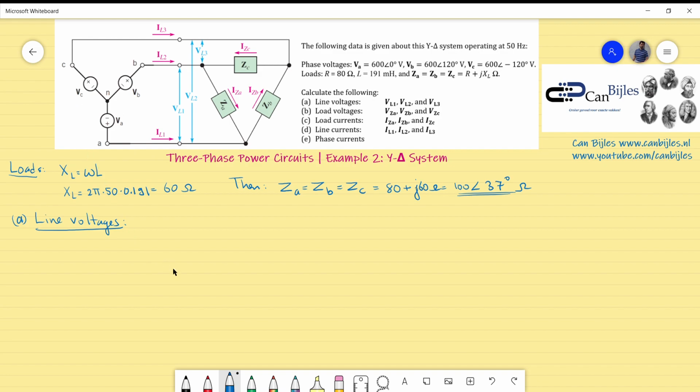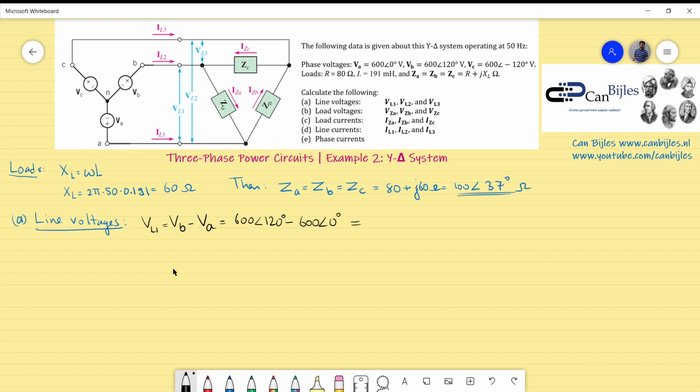So what I do next is the following. VL1, which is what we said before, VB minus VA. Now we already know the phases and the amplitudes, so the polar notation of these phase voltages will be 600 phase 120 degrees minus again 600 at 0 degrees.